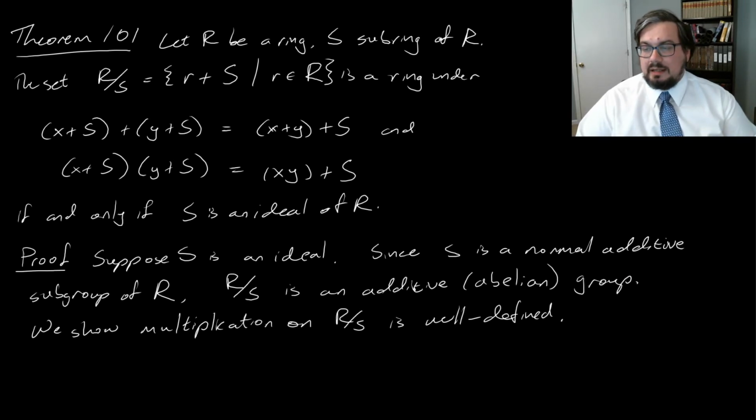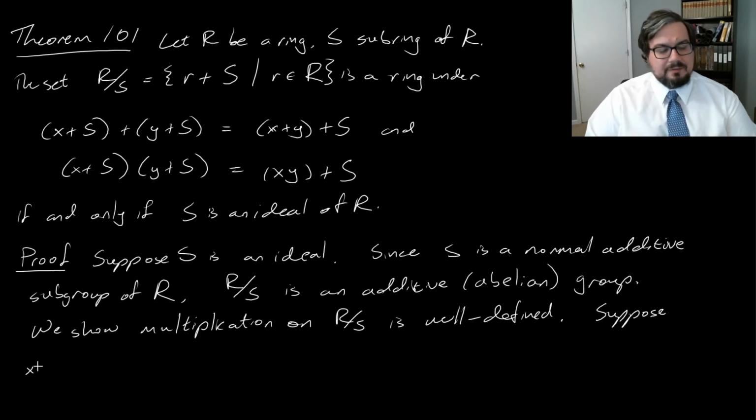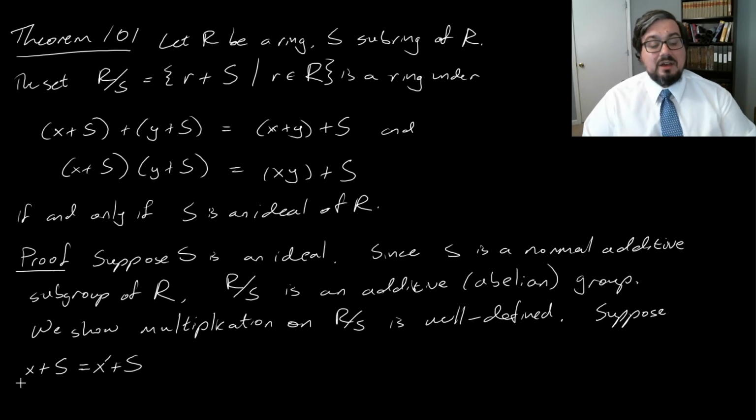So let's suppose that we have a coset X plus S, and it's the same as the coset X prime plus S. So we have both X and X prime, which are representatives of this single coset.